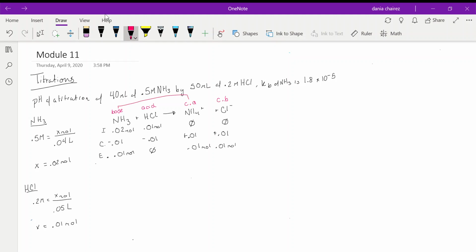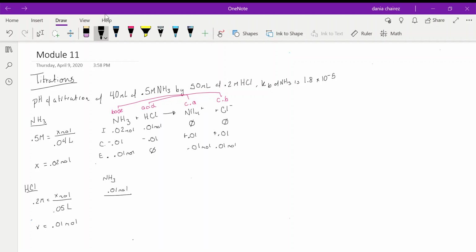This one connects to this one, and those two go together, right? Okay, cool. So just keeping that in mind. So now what we're going to do is that whenever we solve for pH, we always use concentrations. So we're going to have to convert to concentration using our total volume. So doing the NH3 one first, we have 0.01 moles.